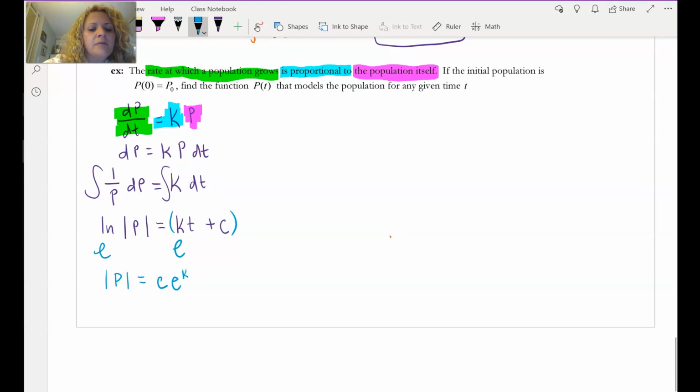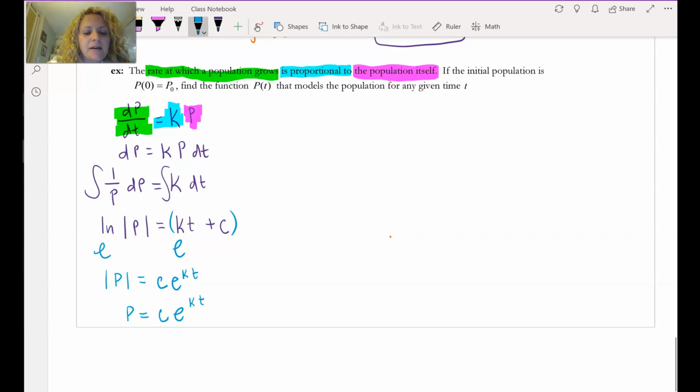And then we'd be able to just change e to the power of C to just C, some other constant that we don't know. All right, and then same as before, we can drop those absolute value bars. And again, we don't really need a plus or minus here because C is an arbitrary constant. We don't know what it is. Maybe it's negative. We don't really need to consider both cases.